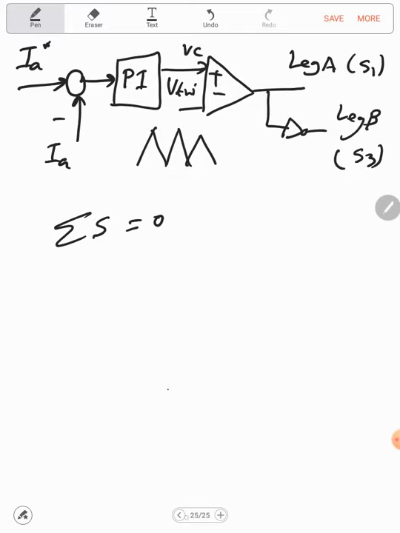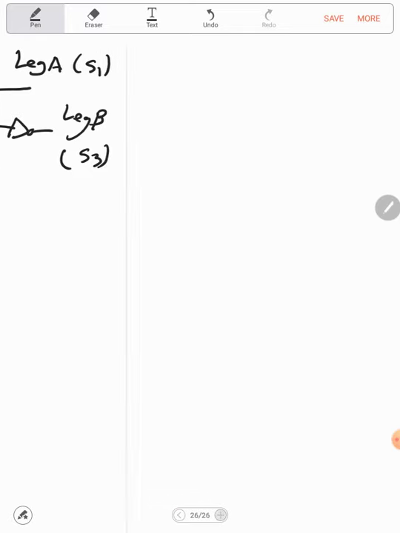Now the last thing we should discuss is that all the time we are using a constant load, but the load can be non-constant.